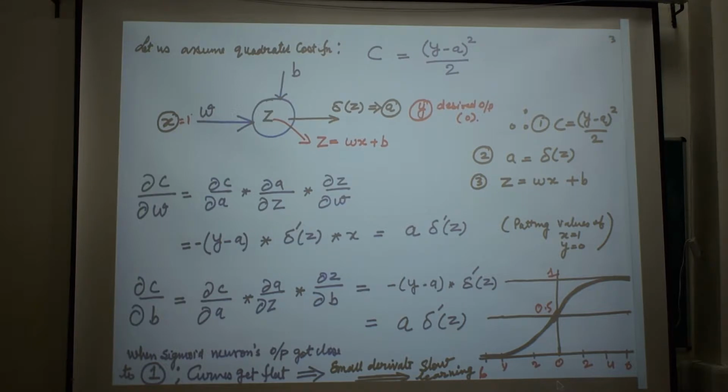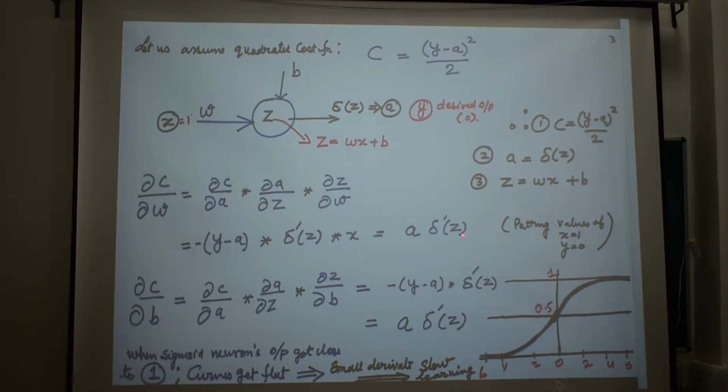ReLU is a non-saturating activation function, at least in the positive direction. So it can be done. We will see that just after this, what we can do if we change the activation function. But is there a way by which I somehow get rid of this? If I have derivatives that are not dependent upon my activation functions, it will also be okay for you. So these are the two things that we are going to figure out.